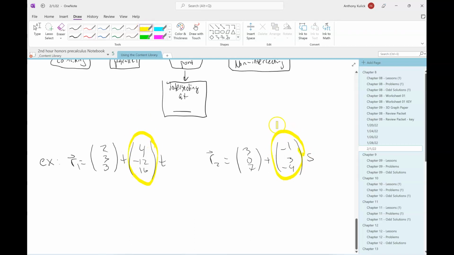So I want to look at my 2 direction vectors and see if one of them is a scalar multiple of the other. Now, I can do this just by inspection, because I notice that negative 4 times negative 1 gives me 4. Negative 4 times 3 gives me negative 12. And negative 4 times negative 4 gives me 16.